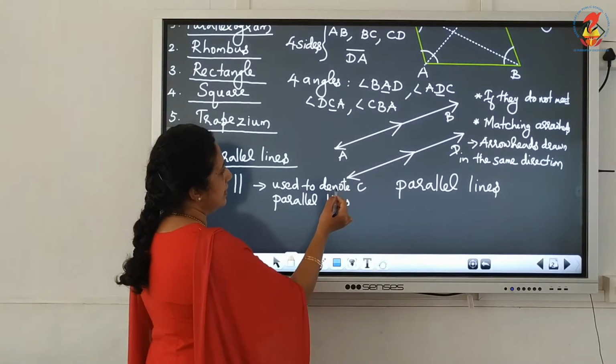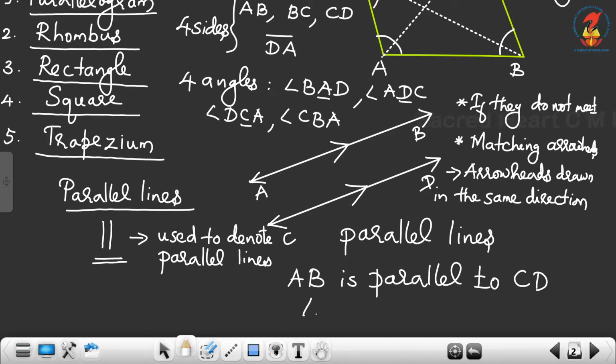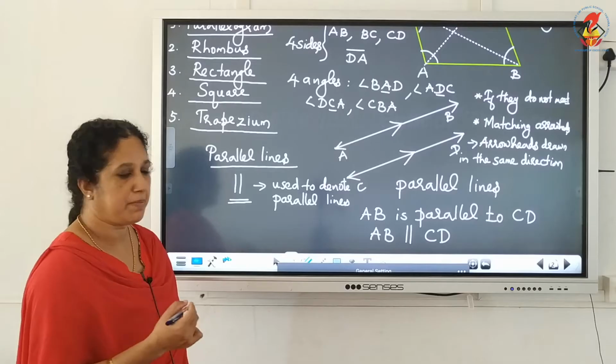Line AB is parallel to CD. So we can use the symbol and write AB parallel to CD.